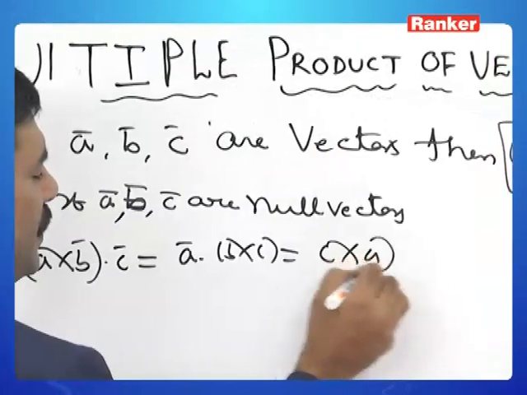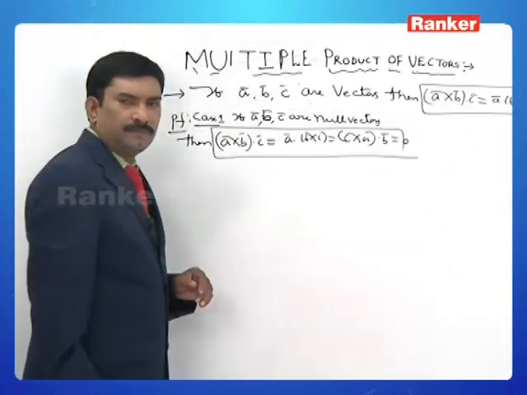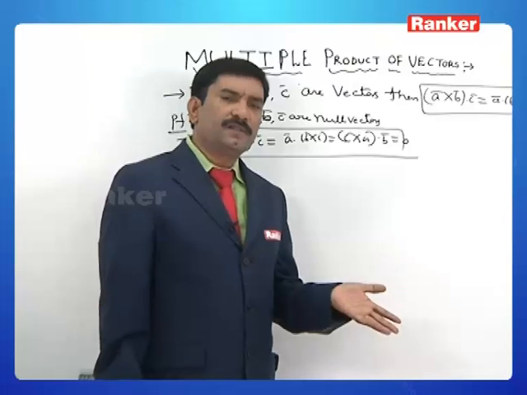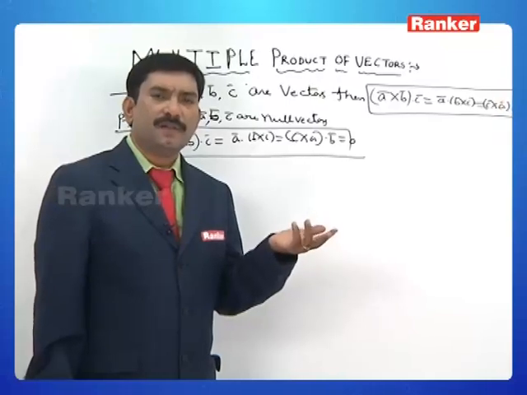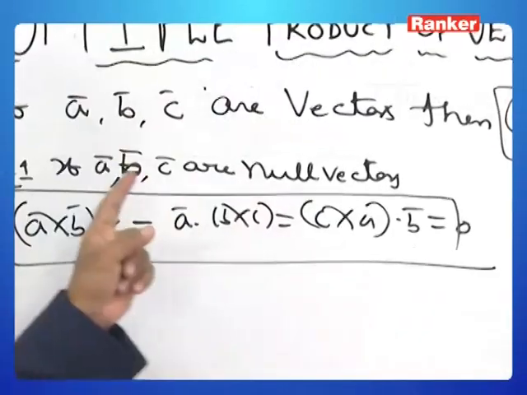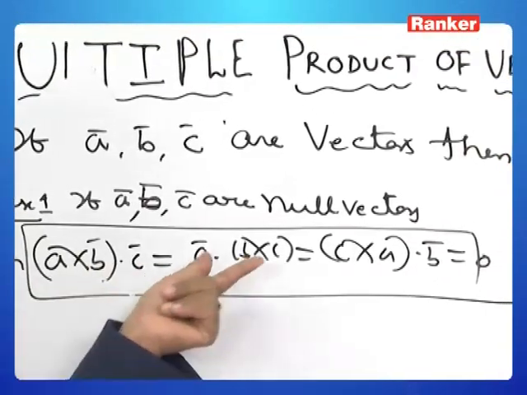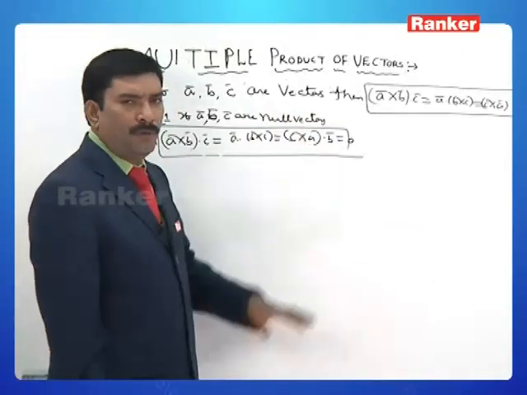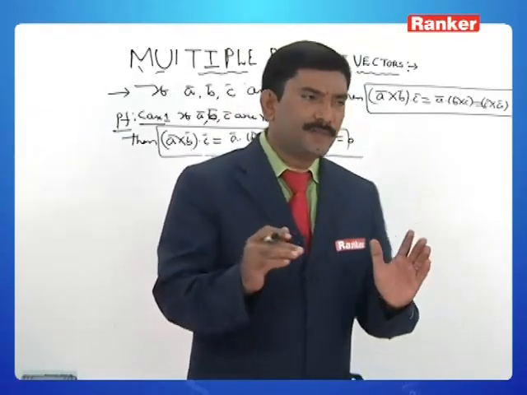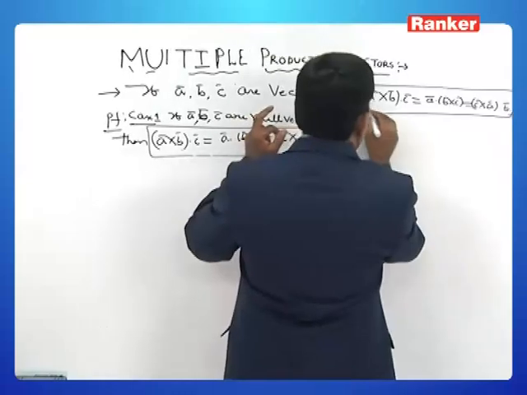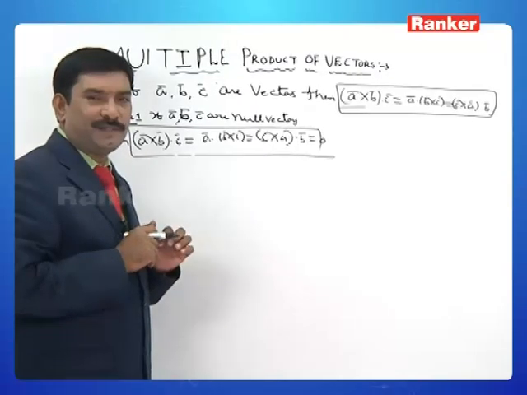Meanwhile, C cross A dot B bar is also equal to 0. Cross product of any two vectors is 0 when either A bar and B bar are collinear or parallel vectors, or even null vectors. We have taken them as null vectors. On the whole, all three scalar triple products are equal to 0. Hence, whatever the condition we are supposed to prove, it is true.